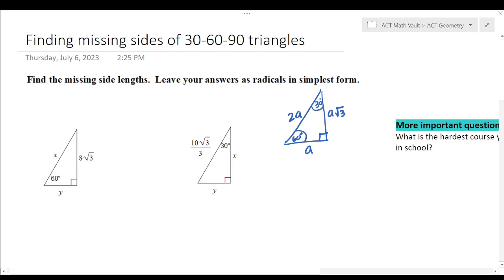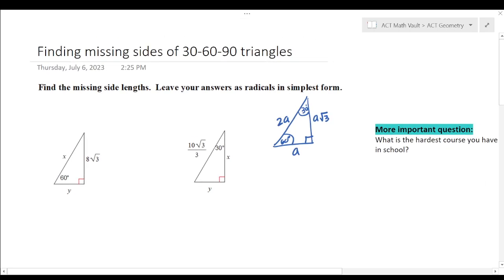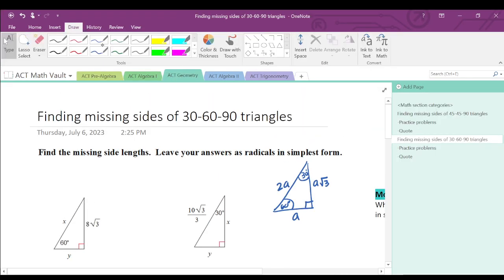So if we remember this diagram, then all the rest of this will become pretty easy. In my first problem, I'm asked to find x and y, and it says to leave the answer as a radical, not in decimal form. Okay, so 8√3 is in the A√3 spot.